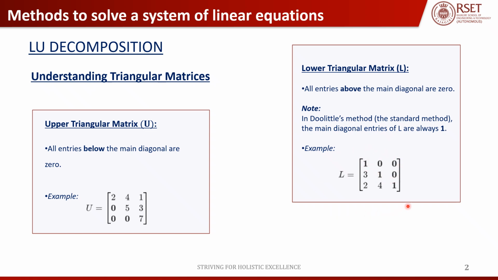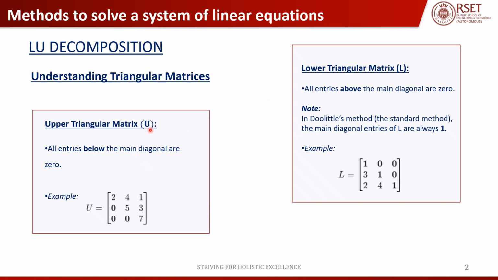So this type of matrix we are using for LU decomposition. So remember, here the diagonal entries will be 1, 1, 1, and the other entries above this main diagonal will be 0. So I hope you are clear on what an upper triangular matrix and a lower triangular matrix are.